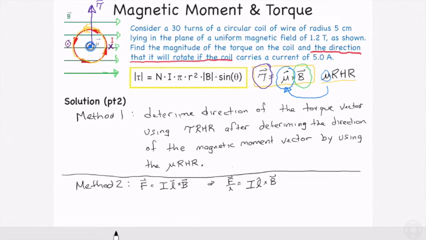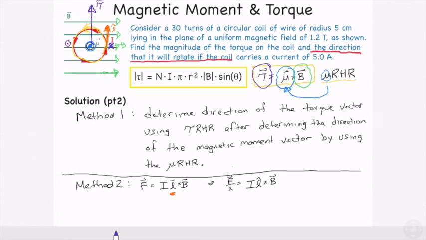So over here on this side, the L vector points up, because that's how the current is moving at this particular point right here. And the B vector we know is pointing to the right. So if we take the L hat cross the B vector at this point and use the right-hand rule, we will get that the force per unit length is pointing into the board, just as we found using our previous method.